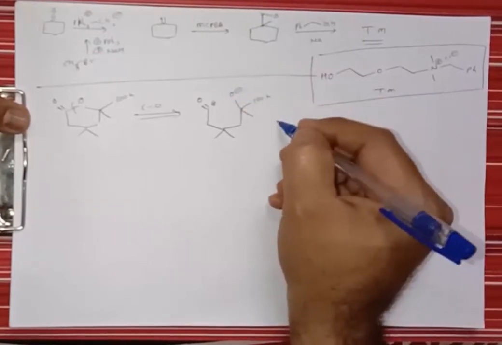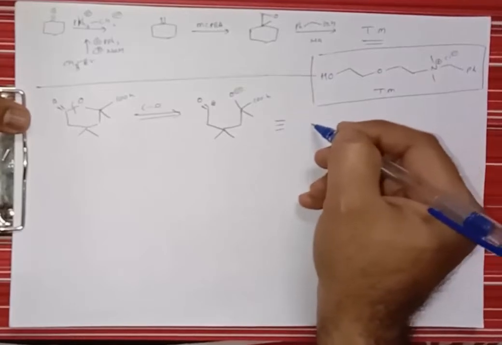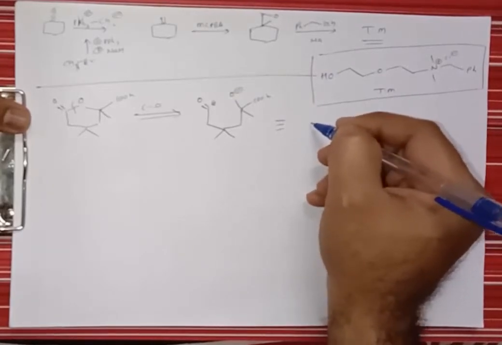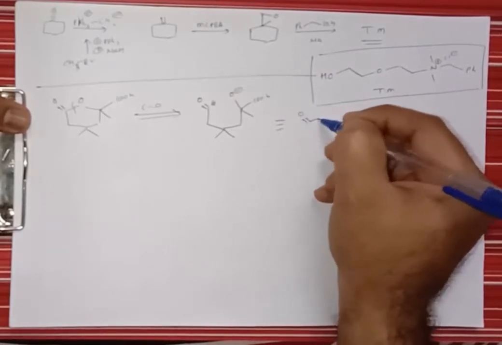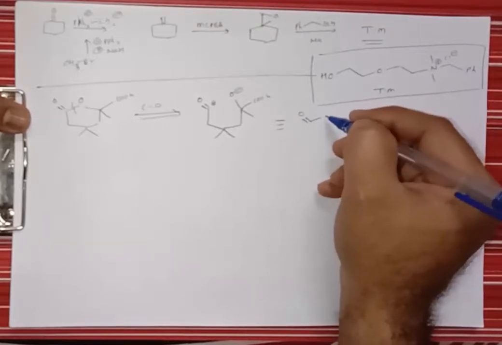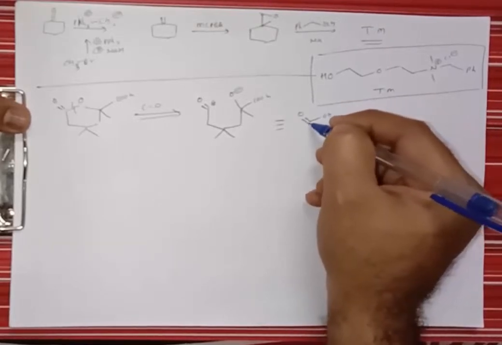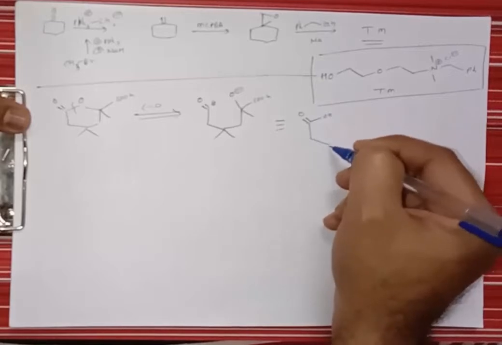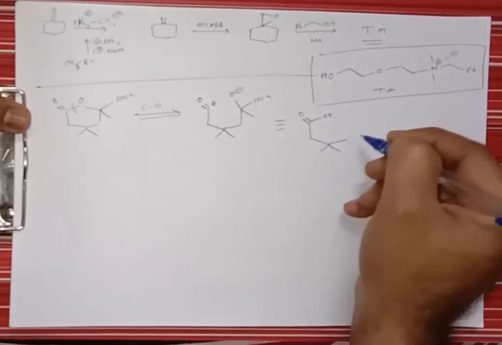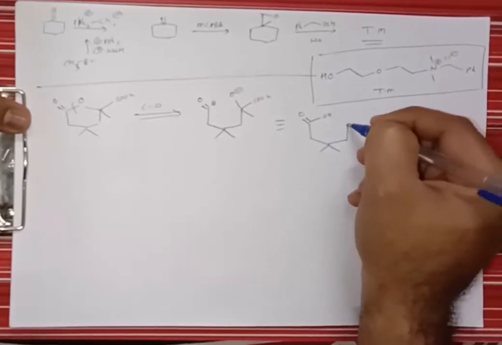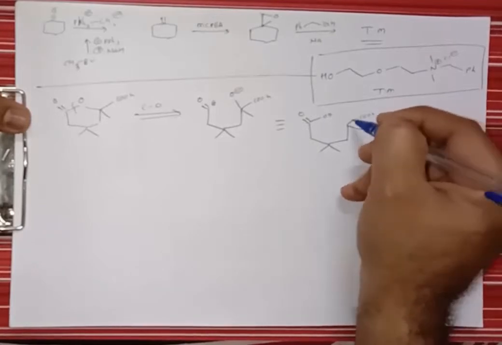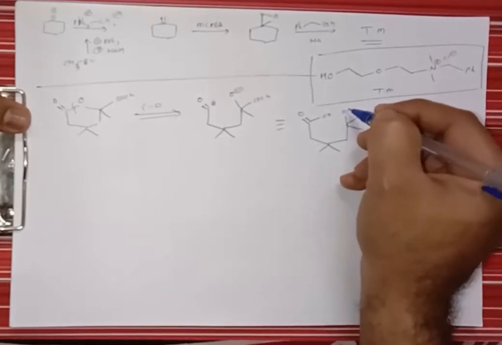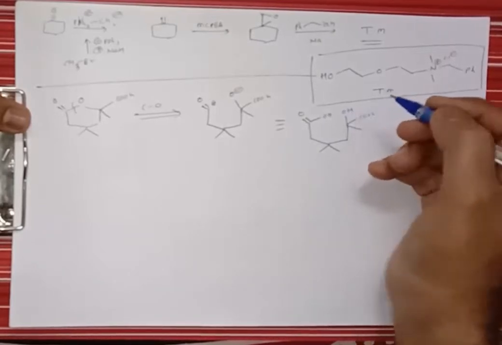So this is O minus, and the synthetic equivalent for this molecule is an acid, from this side, that is OH, CH2, CH3, CH2, CH3, COOH, and here is OH, right?